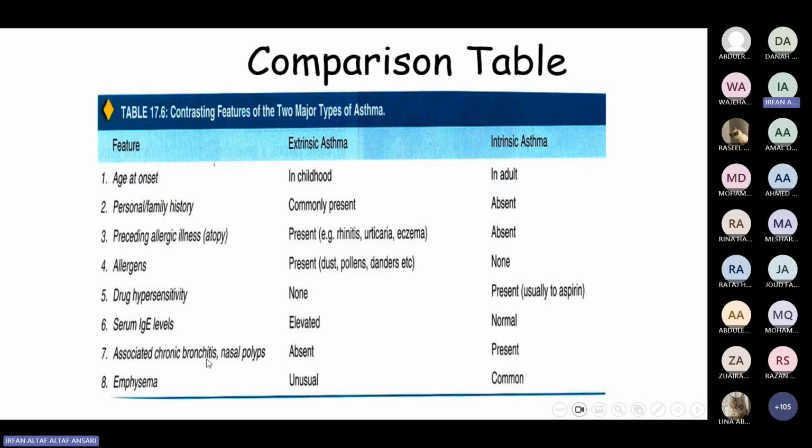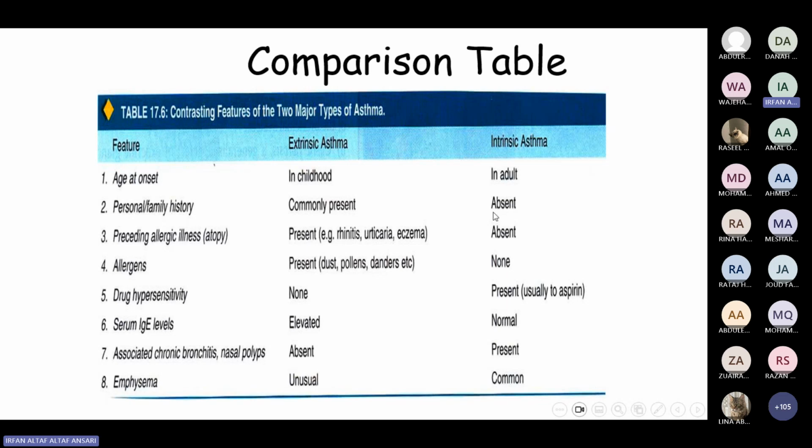Associated chronic bronchitis and nasal polyps usually will not be seen in extrinsic asthma, but will be seen in intrinsic asthma, because chronic bronchitis is usually related to cigarette smoking or environmental toxins.